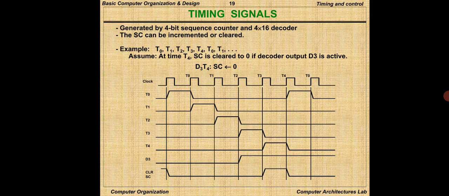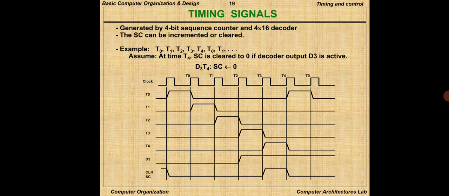In the T3 state, D3 has been activated. Since D3 has been activated at T3, I am going to take the action at T4. Okay, at the timing pulse T4, my T0, T1, T2, T3 will be in the low condition, whereas T4 is in the activated condition. T4 is high and D3 is also high. So if both are high, what do I need to do?